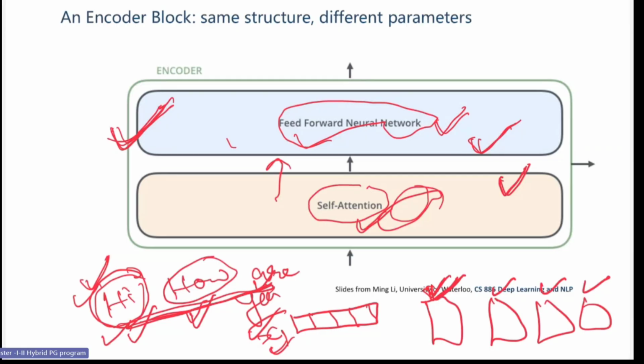So after this, they have applied a feed-forward neural network, which can be done in parallel. And if we can do it in parallel, that means this process will be very, very fast. Why? Because we have GPU based systems, and GPU can support multiple processes at a time. Okay, so this process is very, very fast. So once you are done with this part, now this part is very fast.